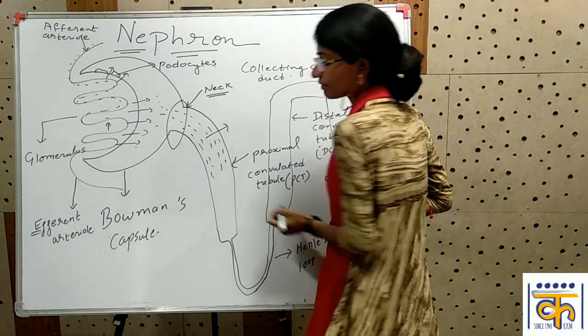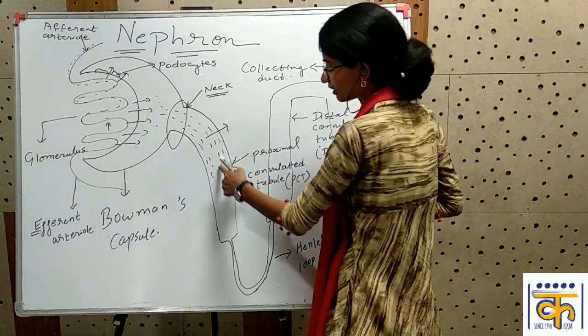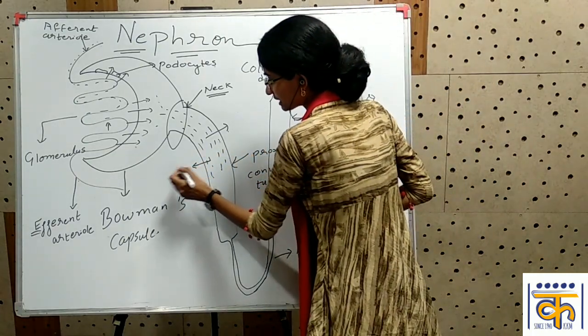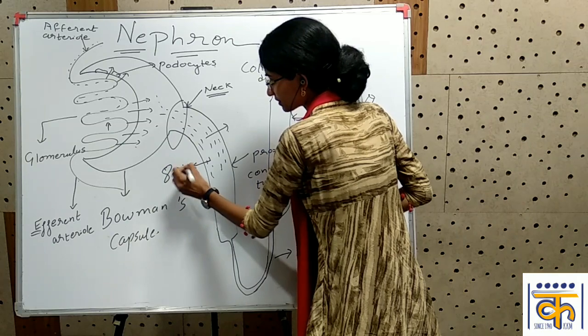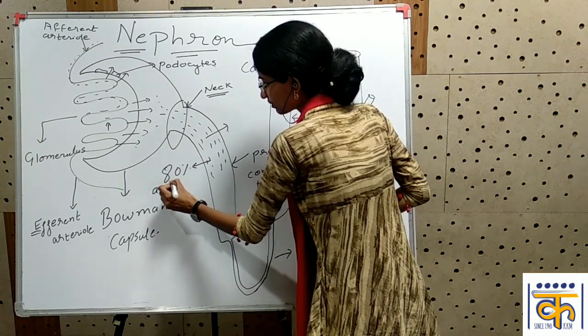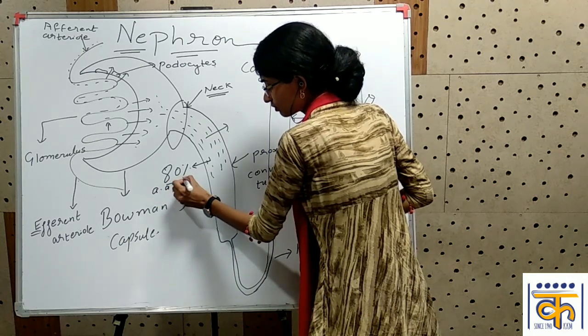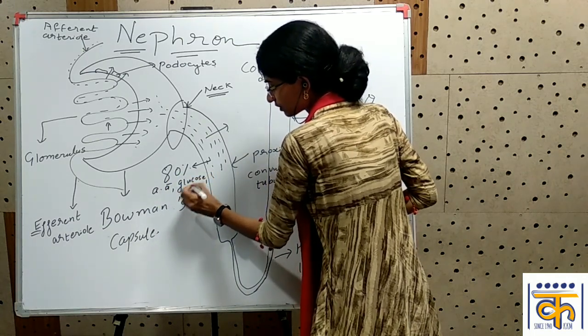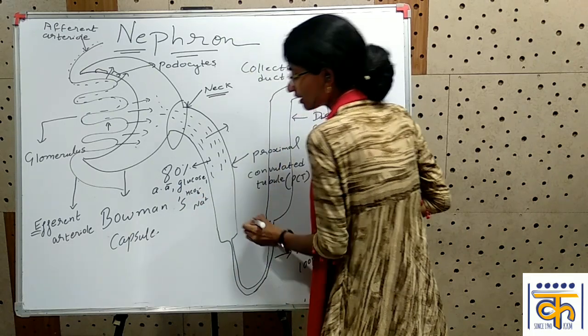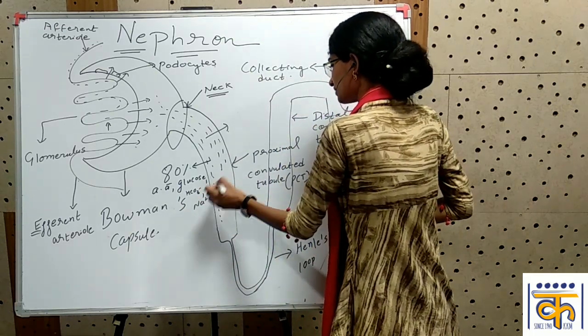Now, as we know, there are many important components in the blood. We cannot afford to lose them by excretion. So here, that is in PCT, 80% of reabsorption occurs. Reabsorption includes reabsorption of amino acids, glucose, electrolytes like bicarbonate, sodium, etc., and a small amount of water.